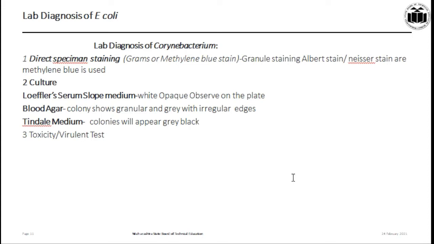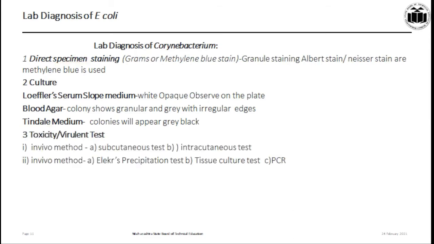This virulence test can be divided into two types, in vitro and in vivo tests. For the virulence test, the subcutaneous test and the intracutaneous test are types of in vivo method. In vivo means inside the body. First we will discuss the subcutaneous test.